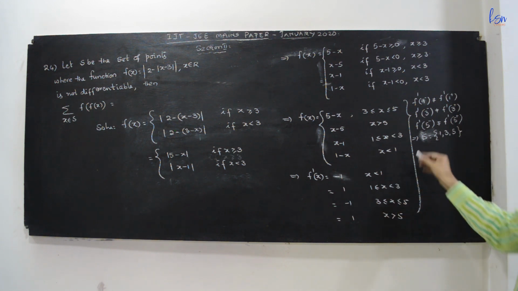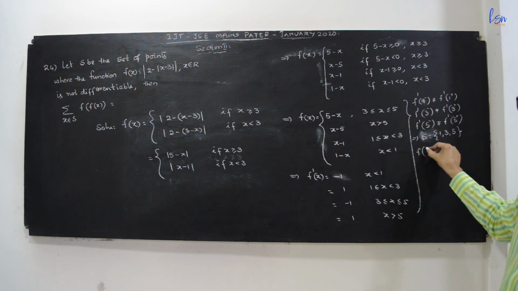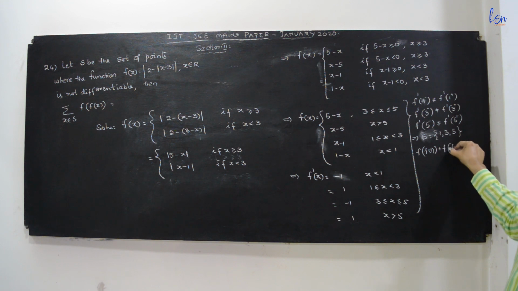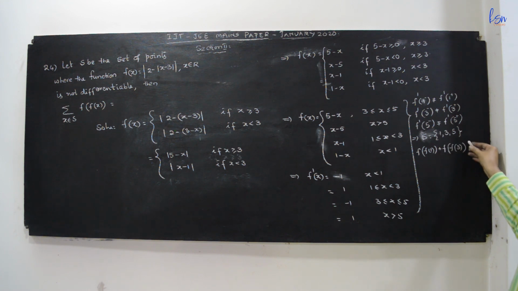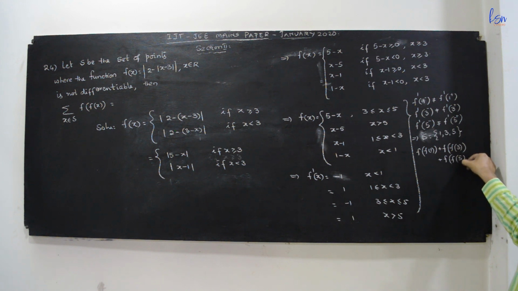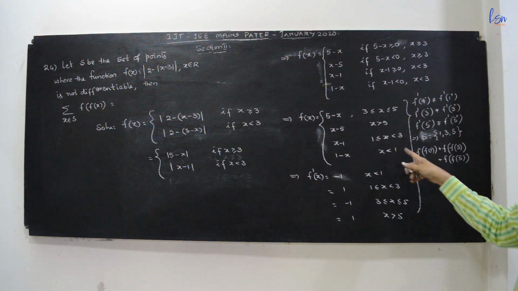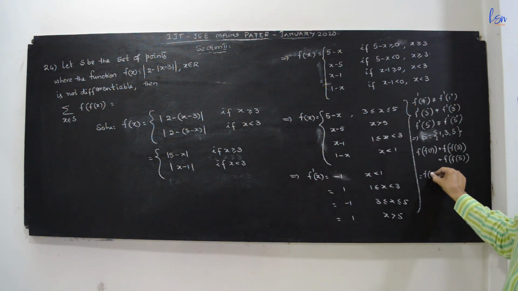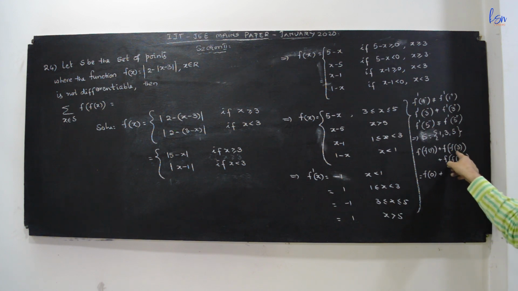So now the required one is f of 1 plus f of 3 plus f of 5. F of 1 means 1 minus 1, that is 0, so this is f of 0 plus f of 3.